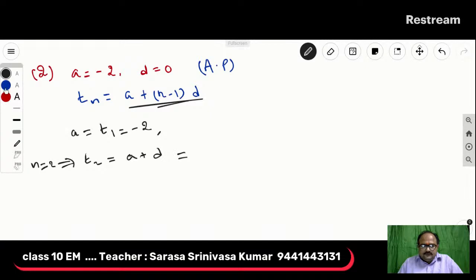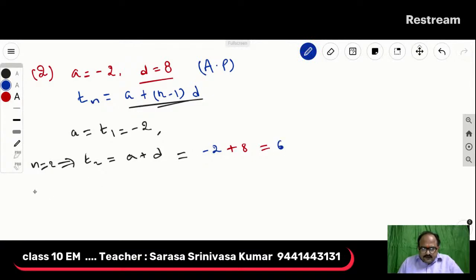This is equal to minus 2 plus... I will note down this common difference as 8. So d is taken as 8. I have taken d as 8. So a plus d, this is minus 2 plus 8 equal to 6.